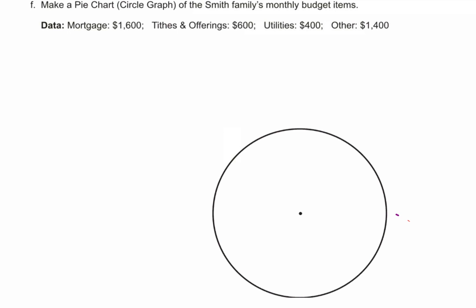You want your title to look nice. I already looked and one long title might work, but I'm going to use two lines. Smith family, monthly budget, and my title's done. I try to do that right away so I don't forget. Make sense?